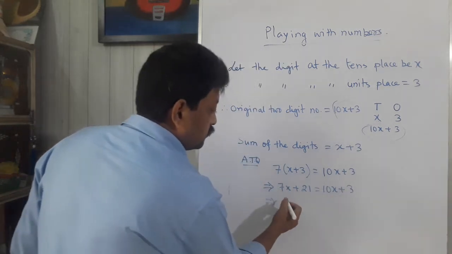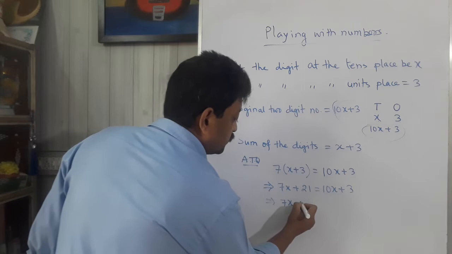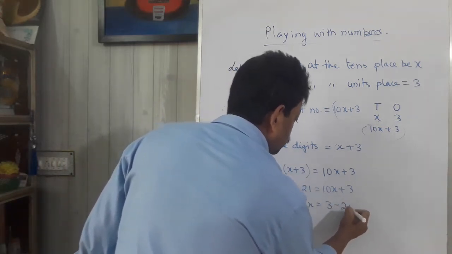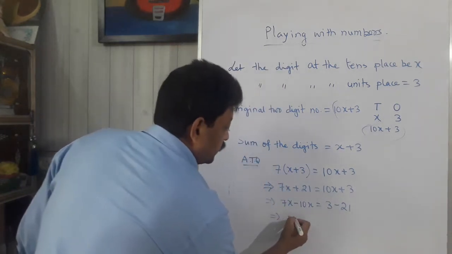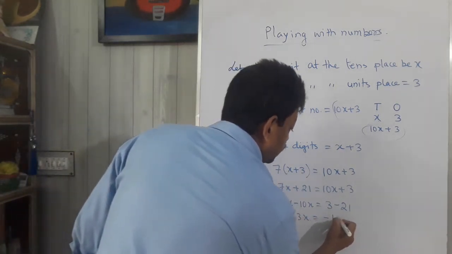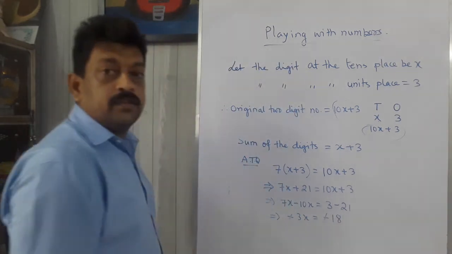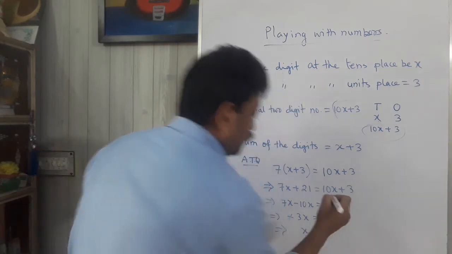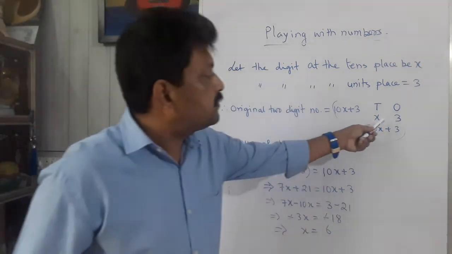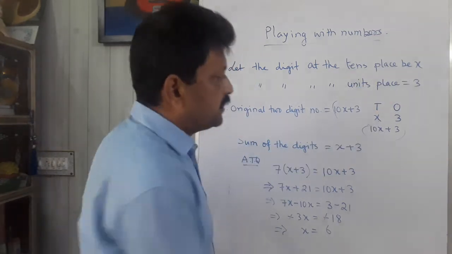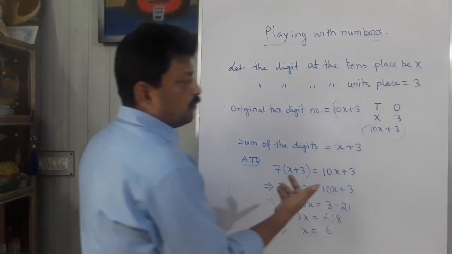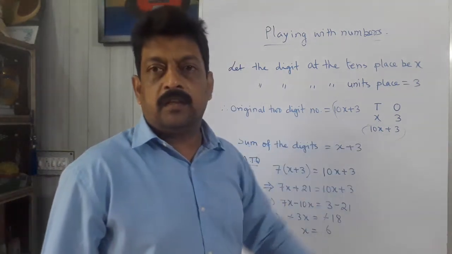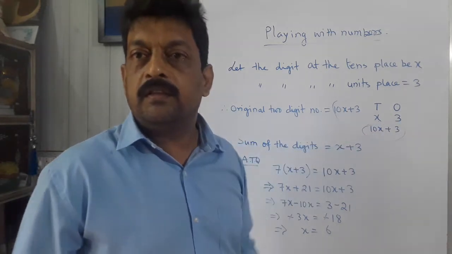So 10x will come to this side. 7x minus 10x equals 3 minus 21. That is minus 3x equals minus 18. Minus minus will be cancelled. So we get x as 6. So we have got the tens digit as 6. If we put 6 here, 10 into 6 plus 3, that is 60 plus 3, that is 63.